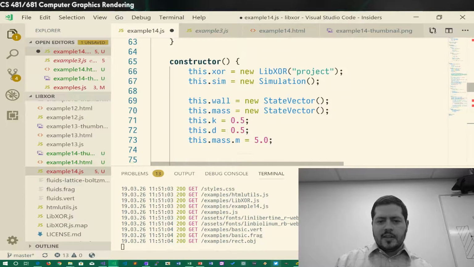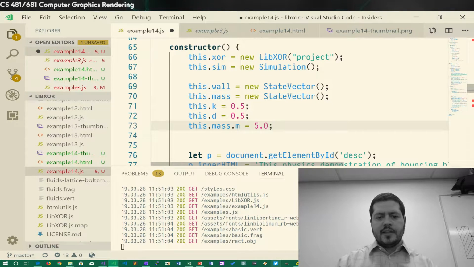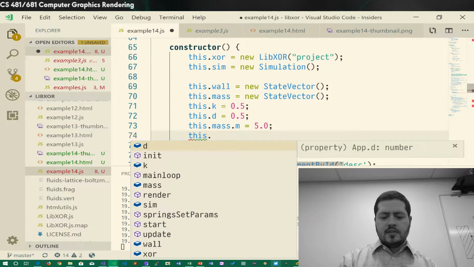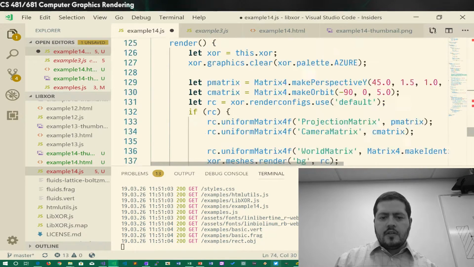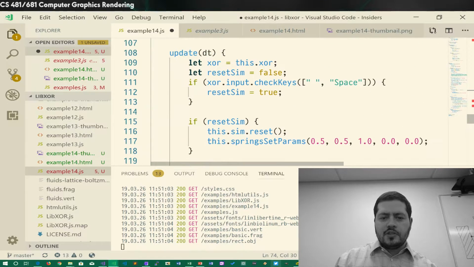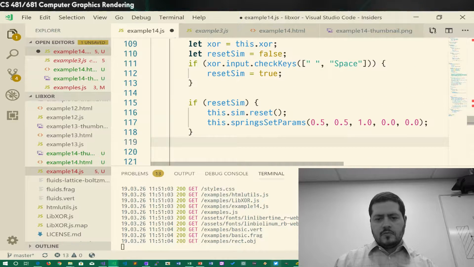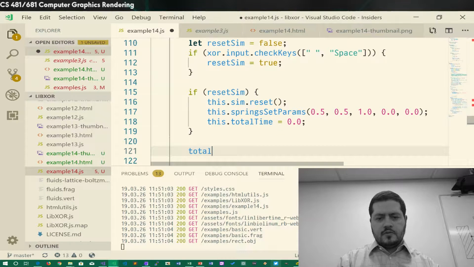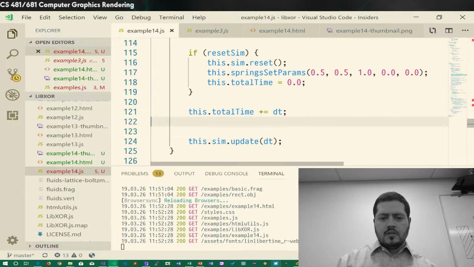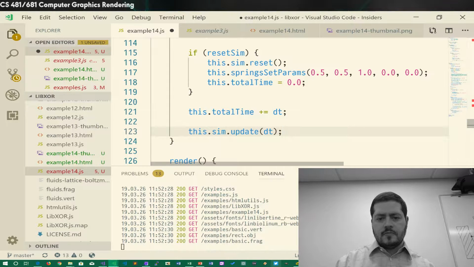But we probably want to set a counter. this.totalTime equals 0. And then what we'll do is inside the update function is to, if we reset it, okay.